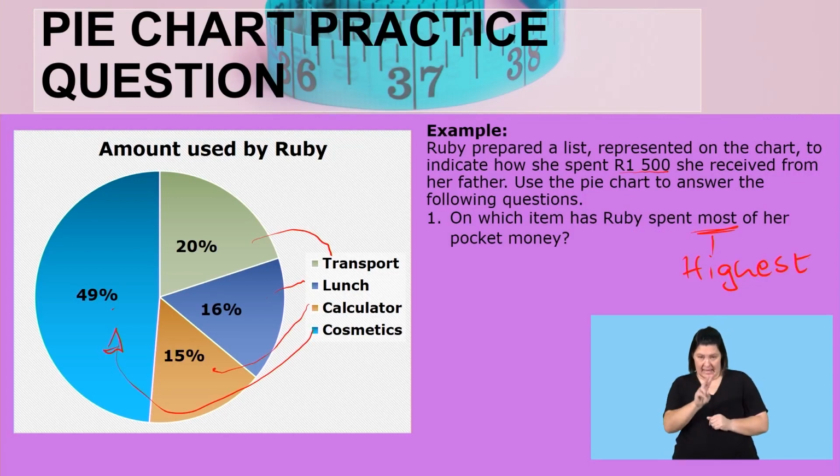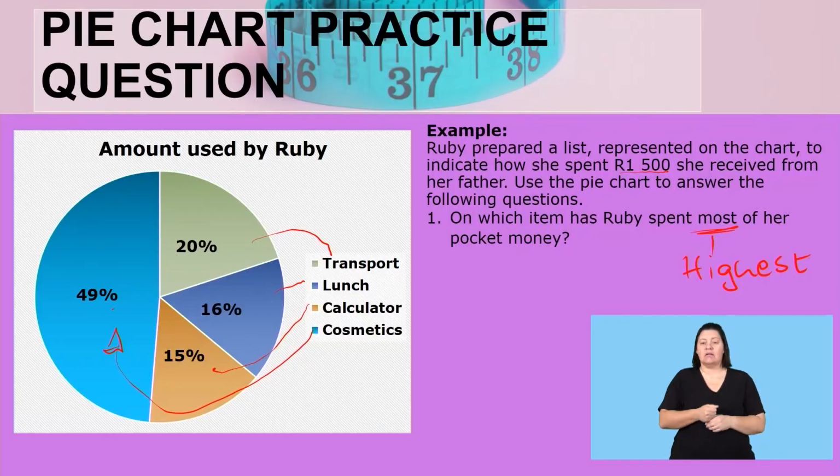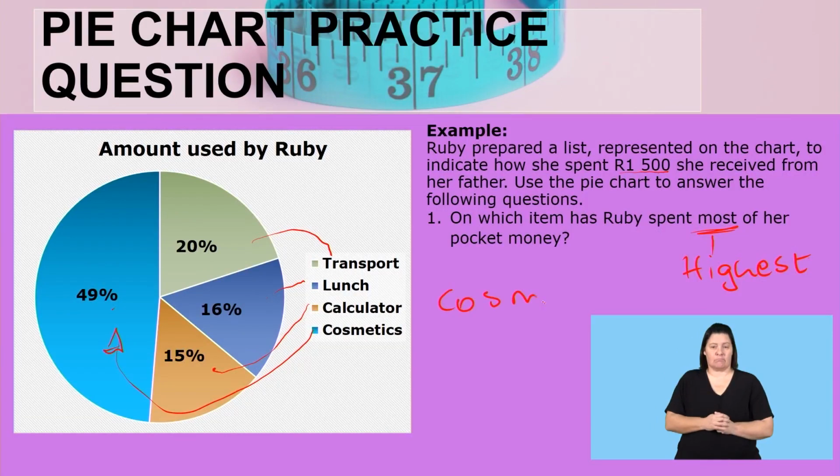You can see that Ruby loves her cosmetics. She spent 49% of that amount on the cosmetics. So to answer our question, she spent most of her pocket money on cosmetics. The answer here is cosmetics.